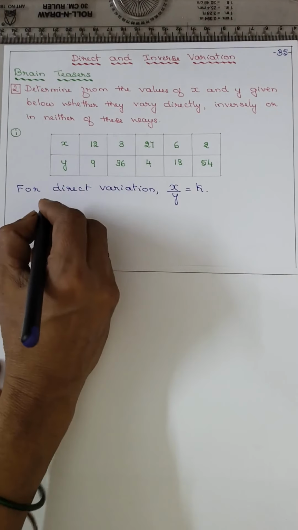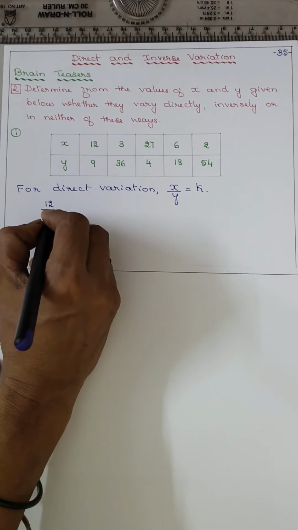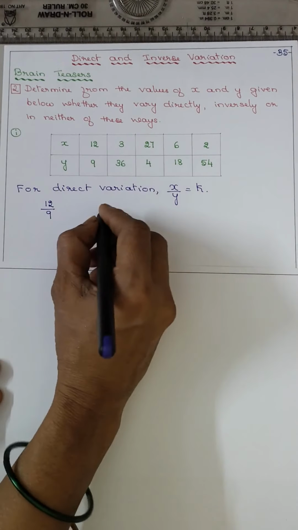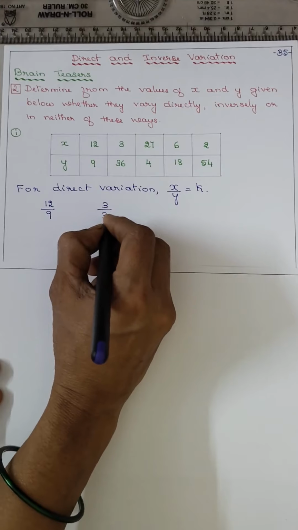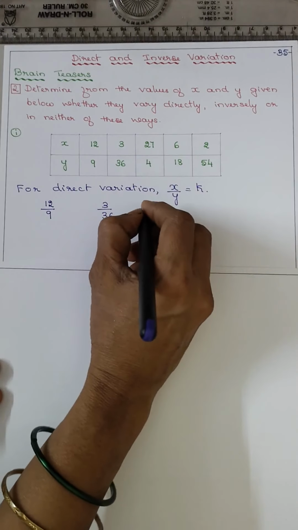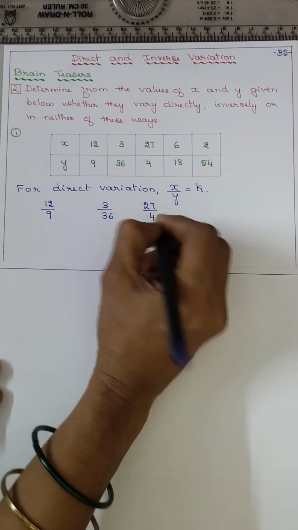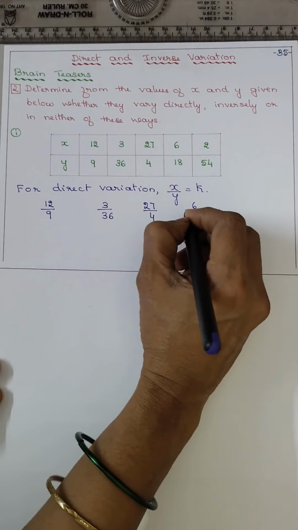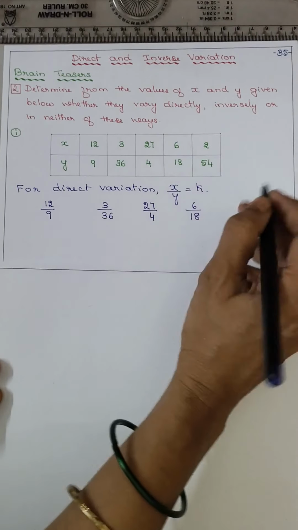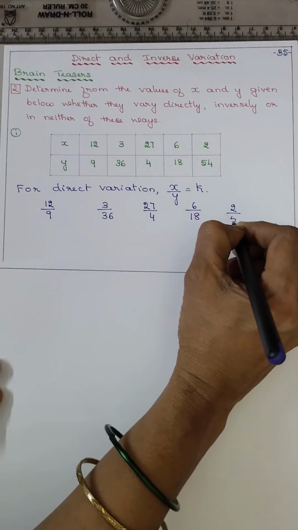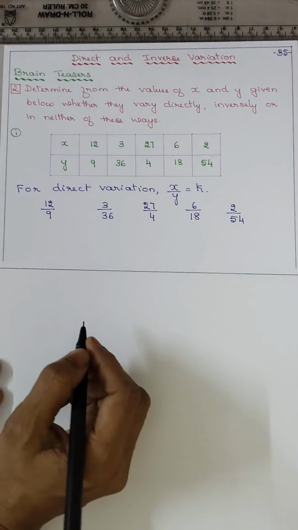So, first it is 12 by 9, 3 by 36, next is 27 by 4, next 6 by 18, then next is 2 by 54.